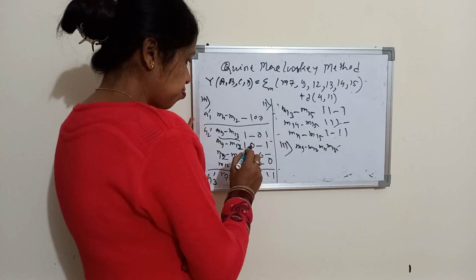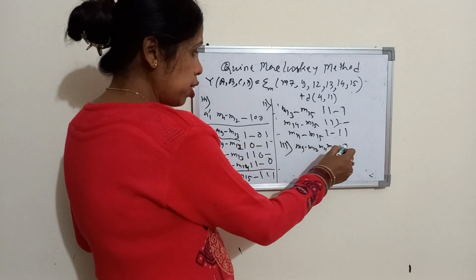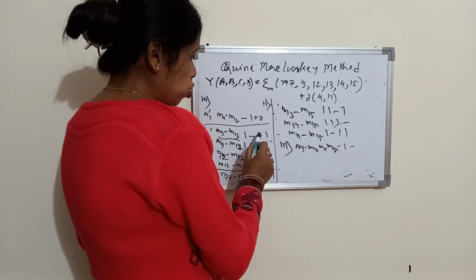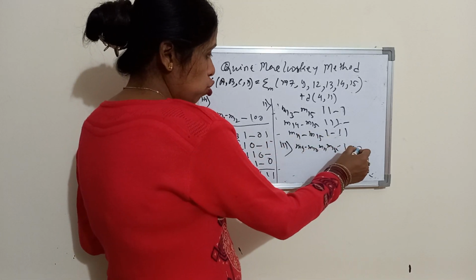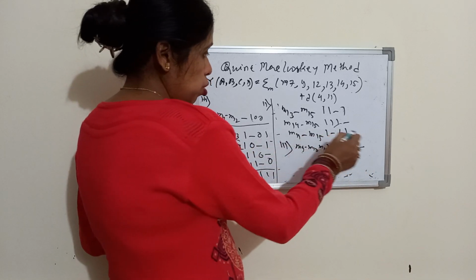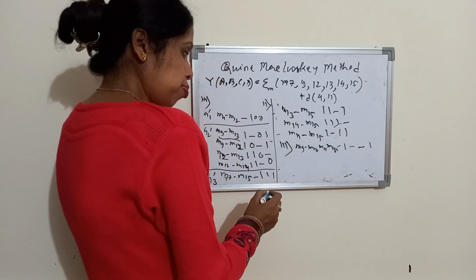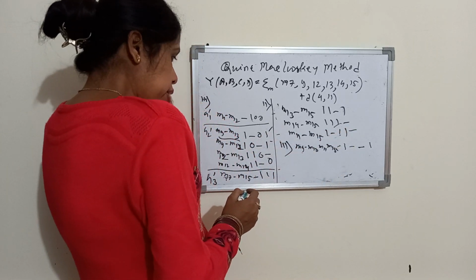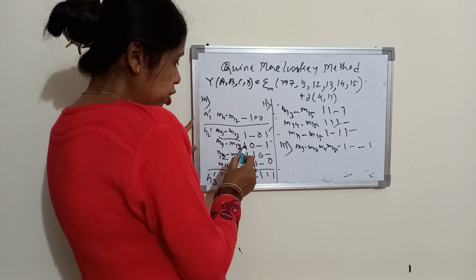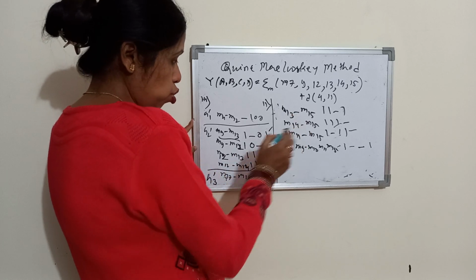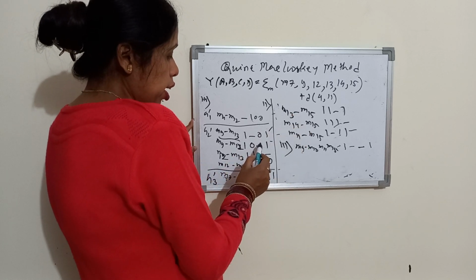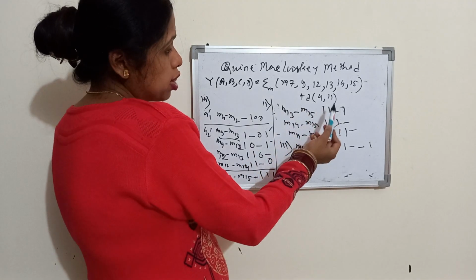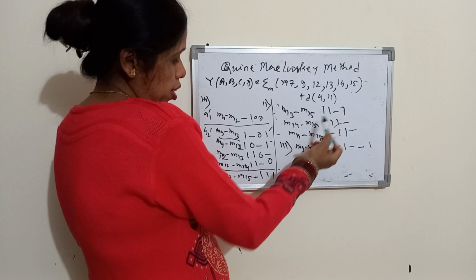How can you write it? This one is the same here, 1. Dash is also the same. Here it is 0 and it is 1, so again you have to put a dash mark. The LSB is also the same. So this is matched with this one. Now again come to this one, which should be compared with these four. Here the third bit has a dash sign, and in the second group the third bit has it too.